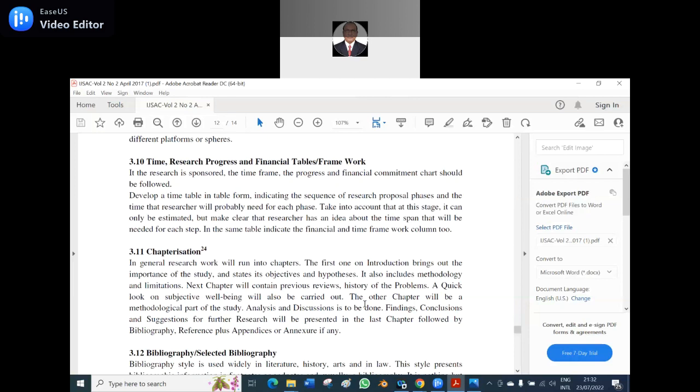So depending upon the type of study and the branch of the faculty, it varies generally. Then analysis and discussions are to be done, and the findings, conclusion and recommendations will be in the last chapter, and further research will be presented in the last chapter, followed by the bibliography, then the references plus appendices or annexes, if any.